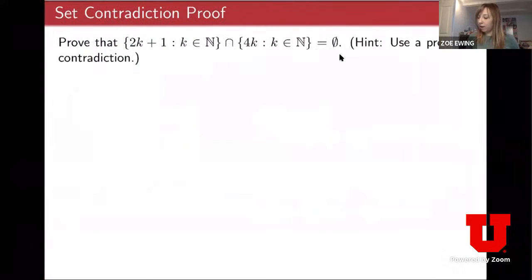So now we have a proof by contradiction. We want to prove that the intersection of the set 2k plus 1 such that k is in the set of natural numbers, and the set 4k such that k is in the set of natural numbers, is the empty set. And we want to use a proof by contradiction for this one.